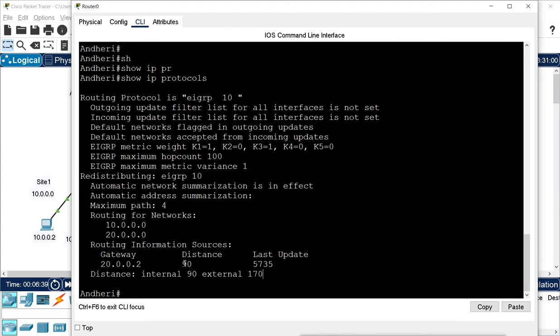But right now we only have internal networks with AD value 90. We don't have any network coming from outside this autonomous system, so we have only 90 here, not 170.